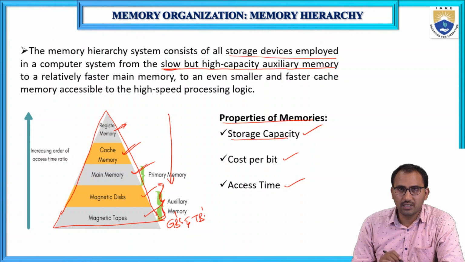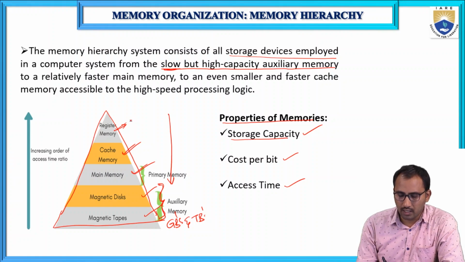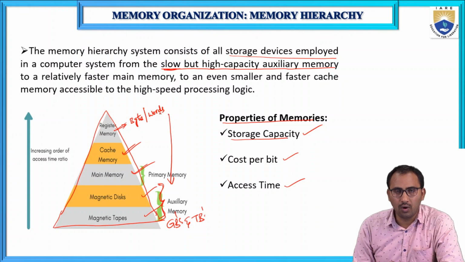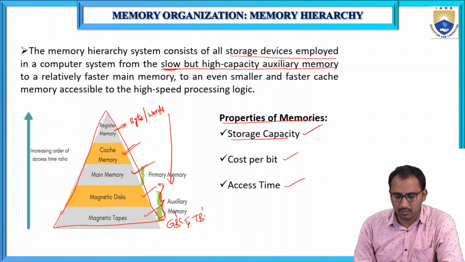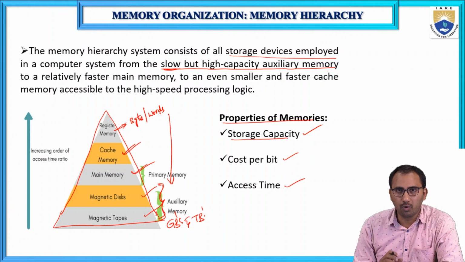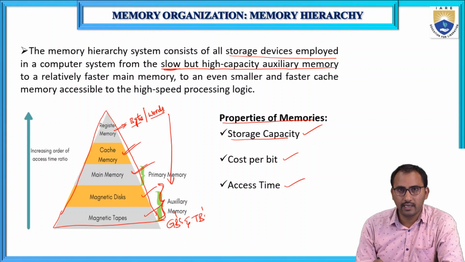It will be available in some bytes or words. Registers can store only bytes or words of information. A byte means a group of 8 bits, that is called 1 byte. A word means a group of 16 bits, that is called a word.